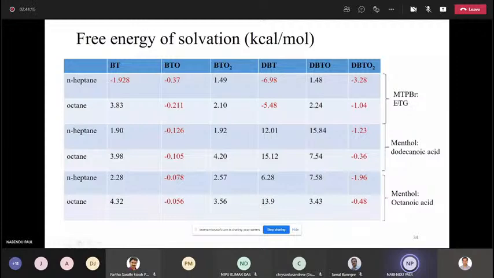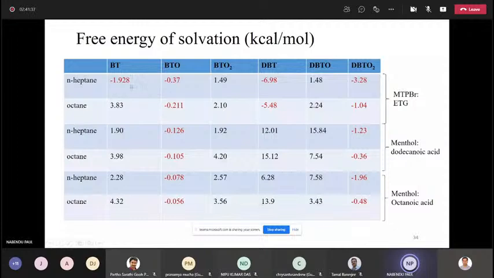So we calculated the free energy of solvation for all the systems containing these sulfur compounds, and we finally got the deviation, or the difference, in free energy of solvation, and these are the values.